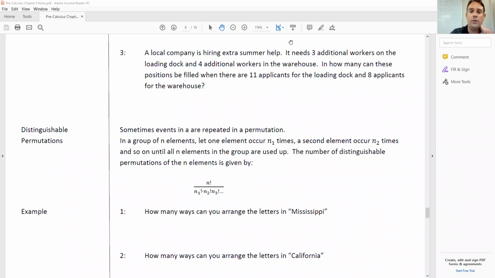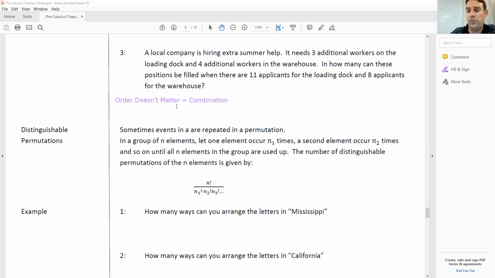I believe this is one where order doesn't matter. This would then be a combination. So this problem in general is actually a combination.